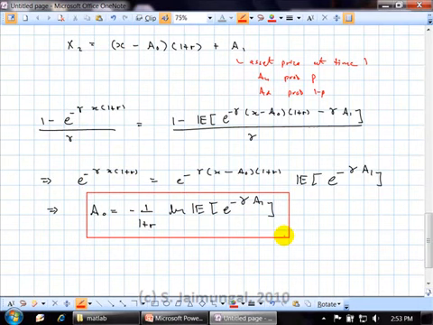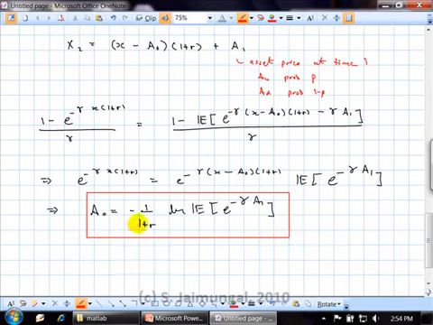Well, you can do an asymptotic expansion here, and then this is 1 minus gamma times a1 plus little o gamma, stuff that goes away as gamma goes to 0. You have the log of 1 minus gamma times a constant. The log of 1 plus a constant is approximately that constant, and you'll see that something will cancel.